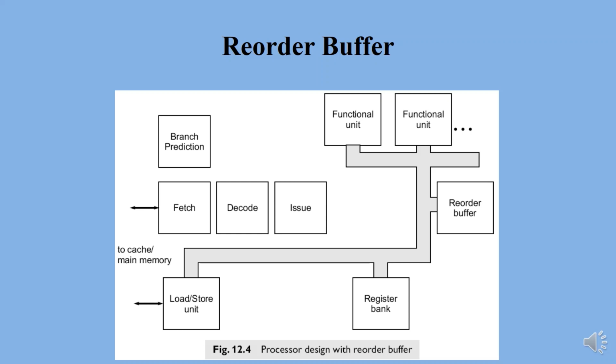Entries in the reorder buffer are completed instructions which are queued in program order. However, since instructions do not necessarily complete in program order, we also need a flag with each reorder buffer entry to indicate whether the instruction in that position has completed.